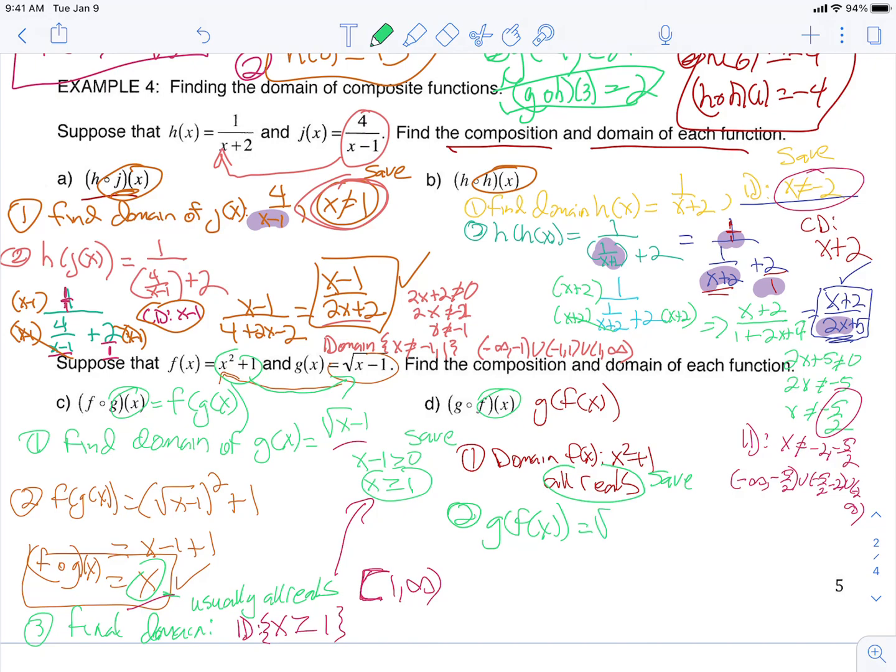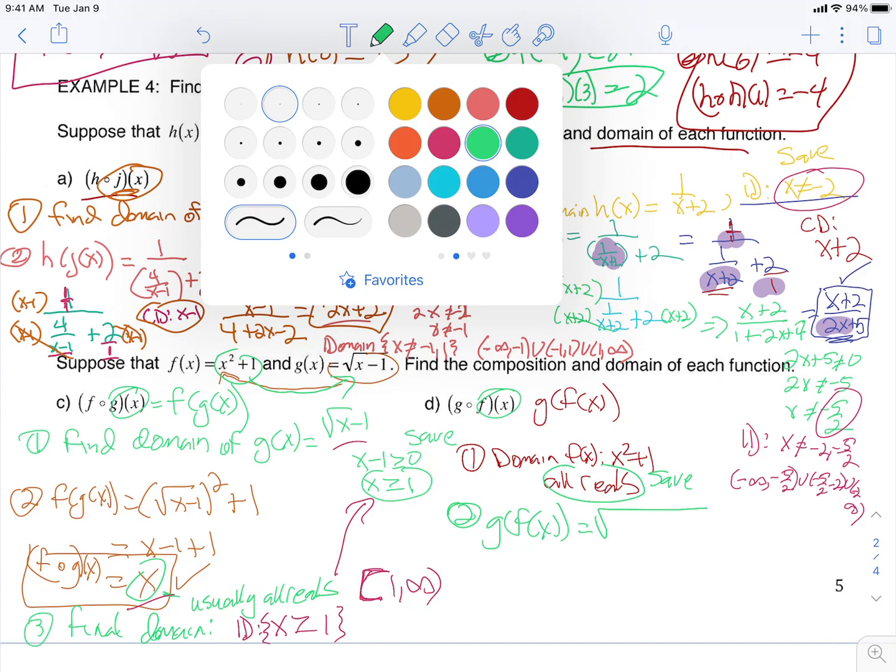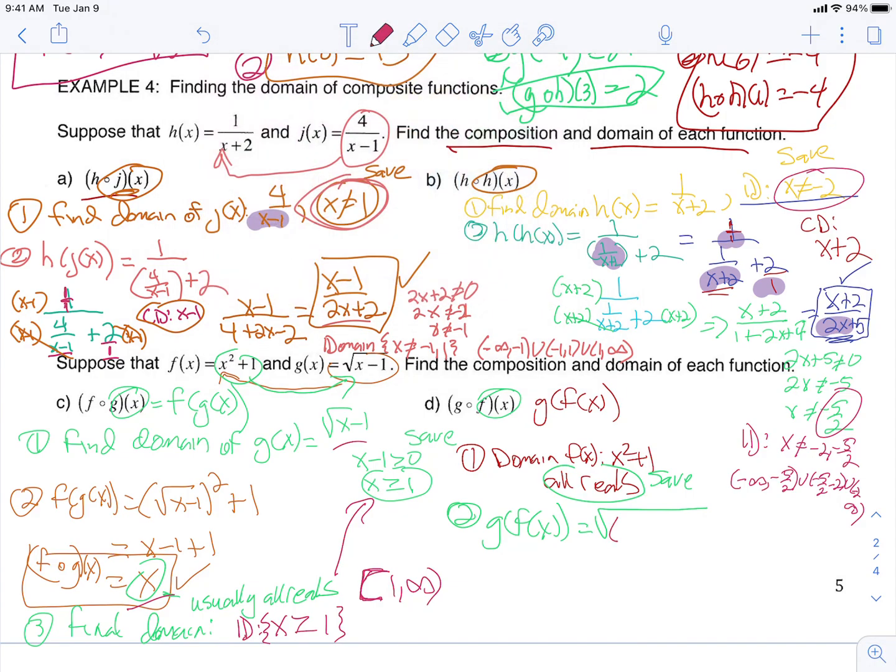So this becomes the square root of parentheses x squared plus 1 minus 1. So I drop the parentheses and I get the square root of x squared plus 1 minus 1, which is just the square root of x squared, which is just x, right? No square root, because that's the inverse operation.